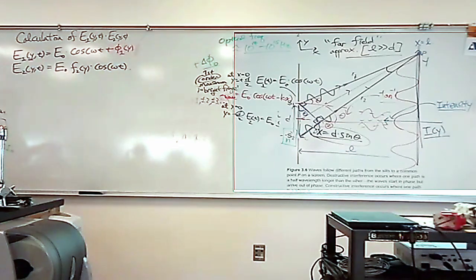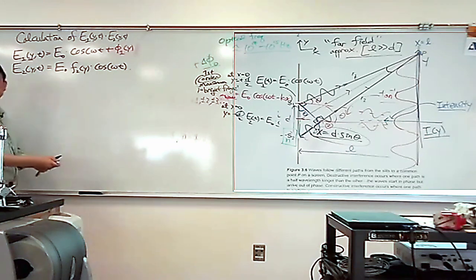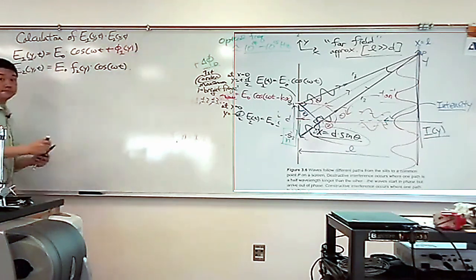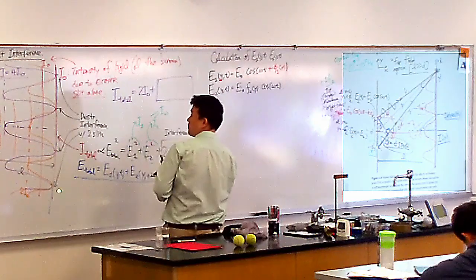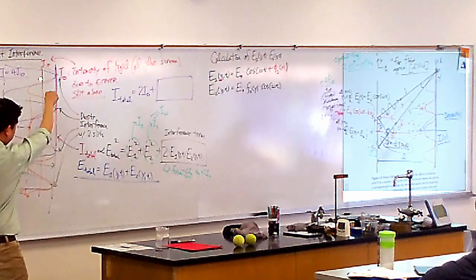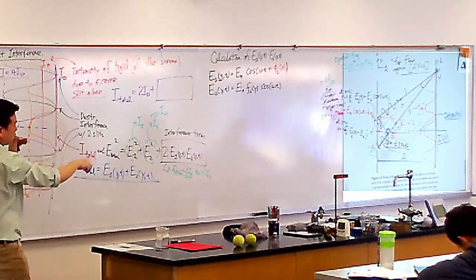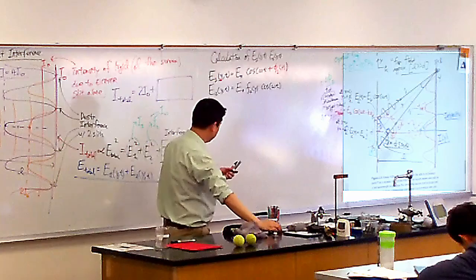Is this expression clear? Does that seem reasonable? Yes? So this way I can describe the electric field on the screen as a function of y position, which would be expressed as this phase factor here. And this also matches with what we were talking about for the effect of a single slit, because that phase factor would go away. Sorry, I need to move on.